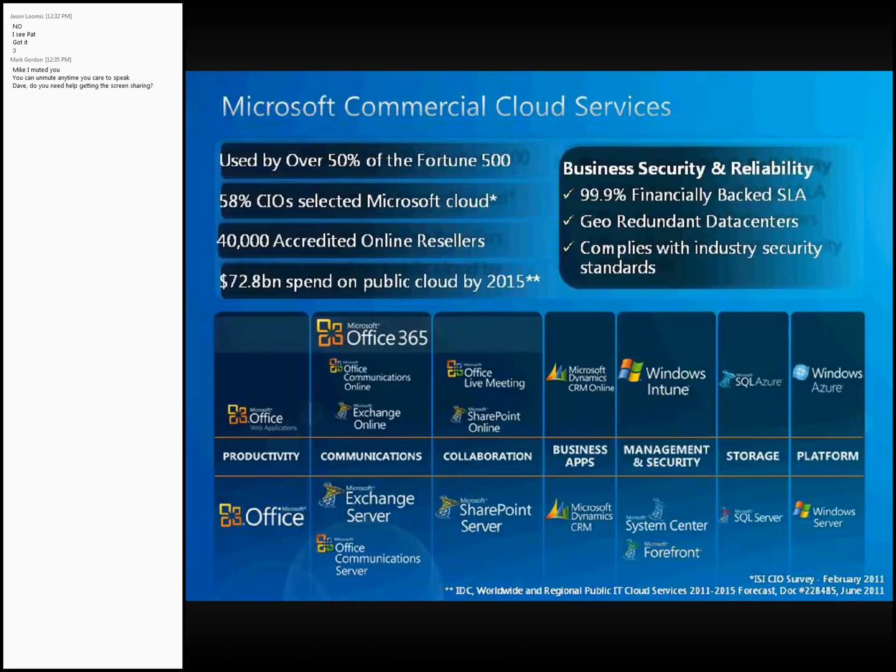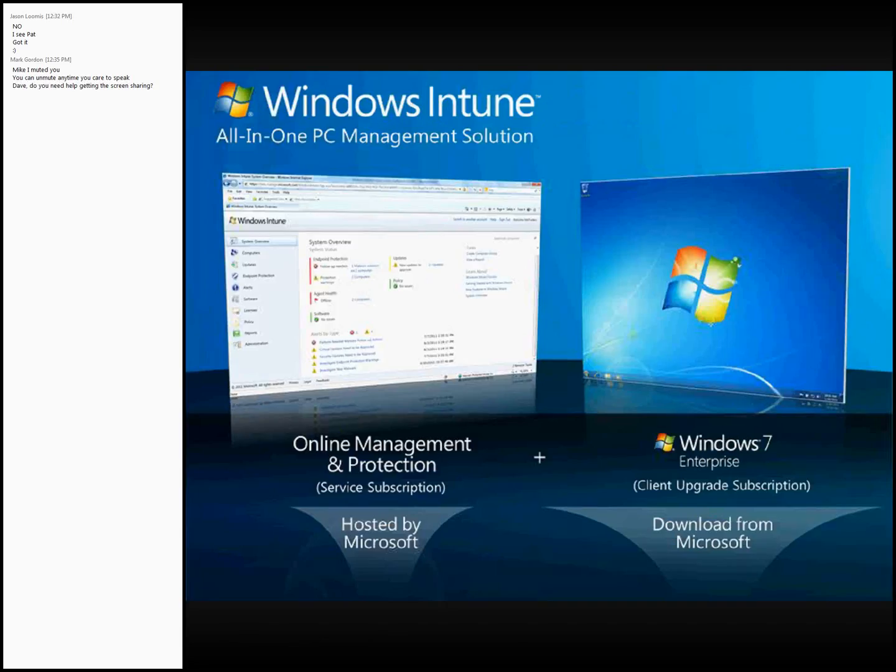Specifically on Windows Intune, a little bit about Intune. It simplifies and helps businesses manage and secure PCs using Windows cloud services and Windows 7. Windows Intune includes both the cloud service for PC management and security, and upgrade rights to Windows 7 Enterprise and future editions of Windows.